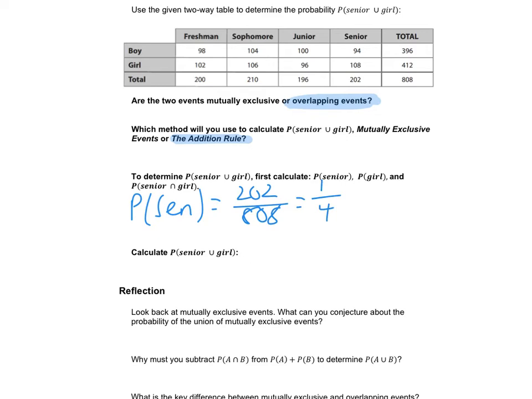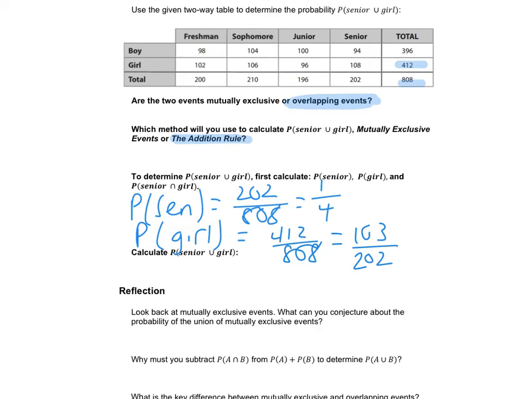What about the probability of a girl? The probability of a girl would be 412 girls out of 808. So 412 out of 808. That reduces to 103 over 202 if you reduce that in your calculator.